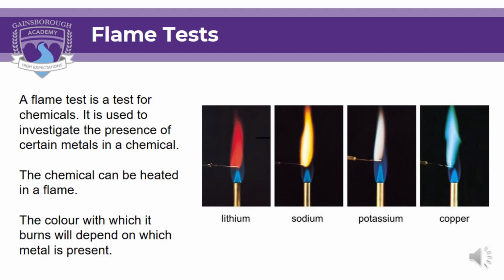When we do this test in our science lab, we're going to be looking for these colours. Lithium powder will give a red flame. Sodium metal present will give an orange or golden flame. Potassium burns with a purple, or what we say lilac, flame, and copper gives a really good blue-green colour.